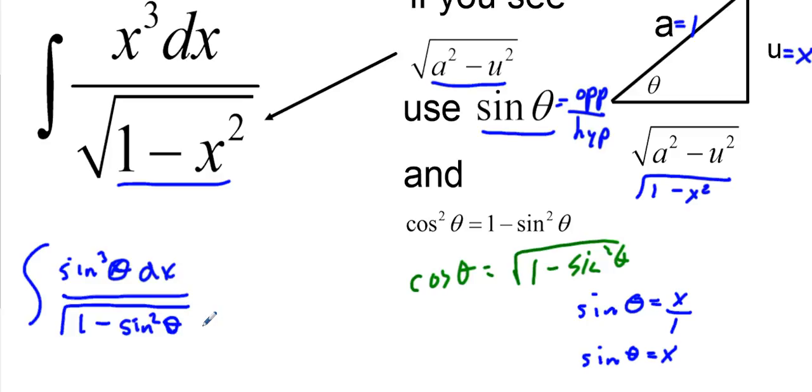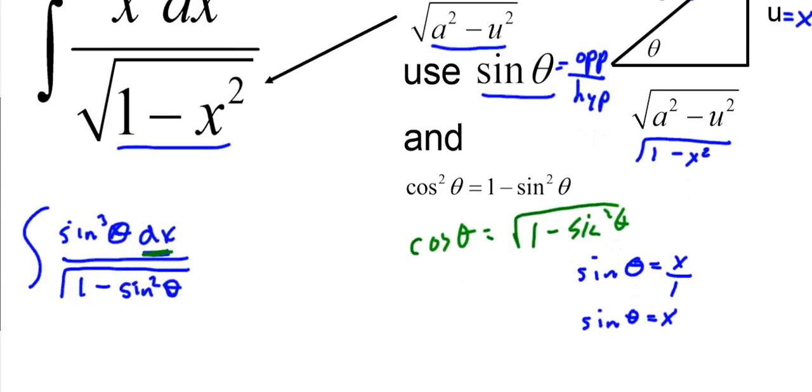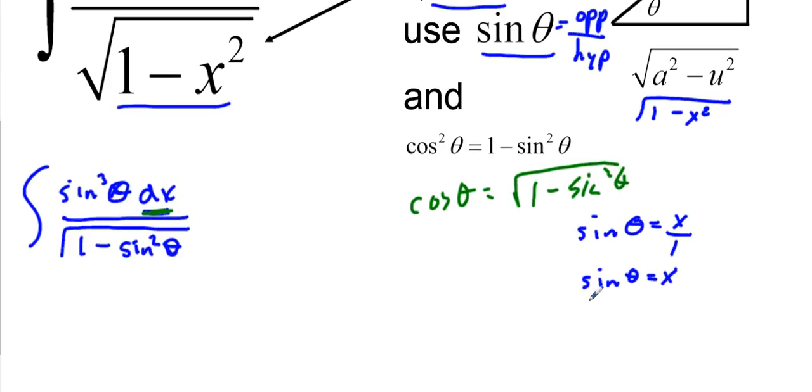Now, the last thing is we have to get rid of dx. To do that, that's a differential, so we're going to differentiate this. We're going to take this with respect to theta. The derivative of sine of theta is cosine of theta.